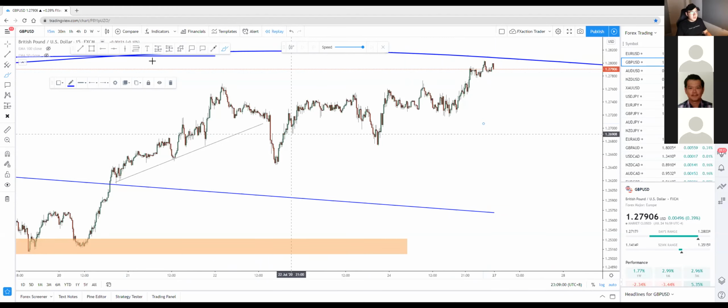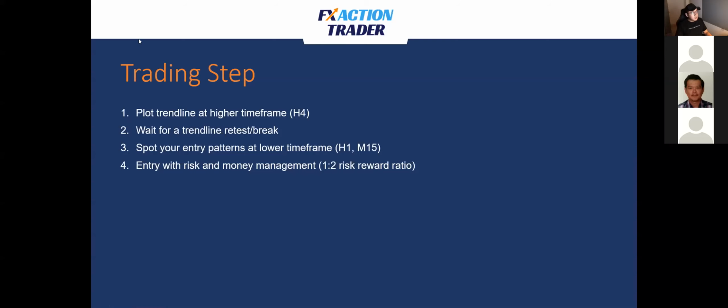I'll just go back to the PowerPoint slide. Okay, so we recap all the trading steps. On the first step, we need to plot the trend line on the higher time frame, so it's H4. You can also plot the trend line on daily, so you know which region you should take note of, or which region you should be extra cautious about.